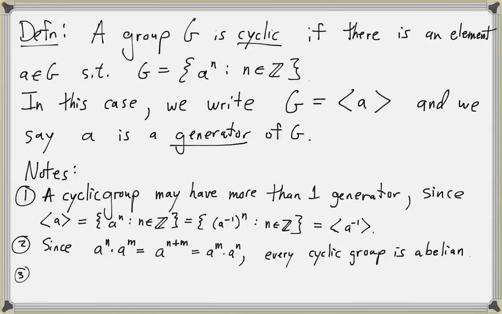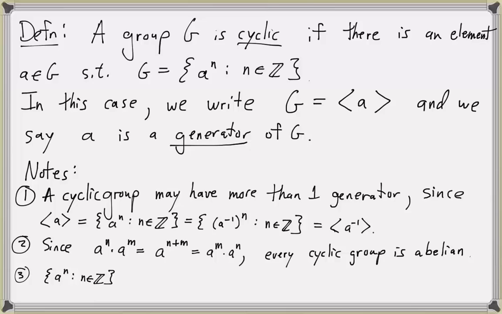Thirdly, while we write this set generated by A as all integer powers of A, it could turn out that this is actually a finite set. So if you list out all the powers of A, you might have an infinite number of numbers in your list, but if A has finite order, these powers of A will start repeating.